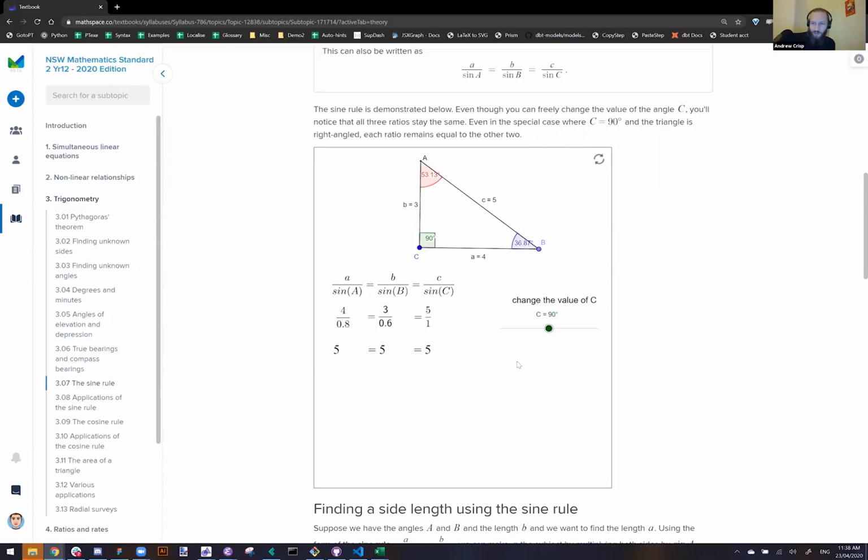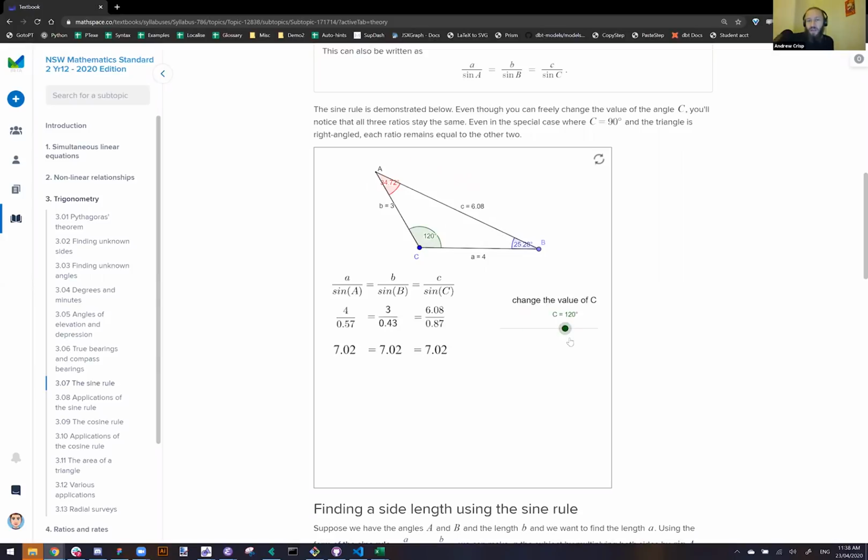But the very, very interesting thing is that this is true no matter what angle size you have. So notice that as I'm moving this, what is changing and what isn't changing? So I can tell that A is not changing.